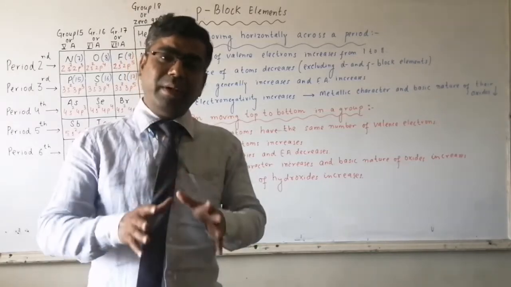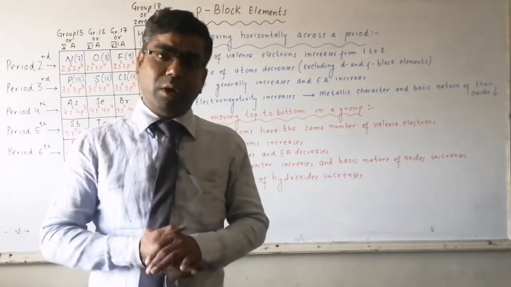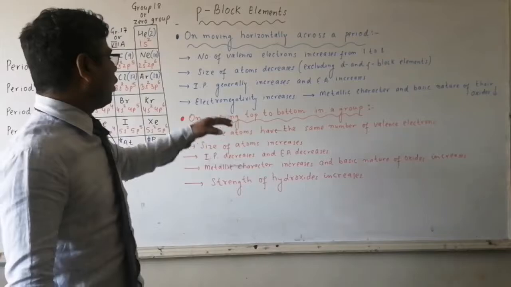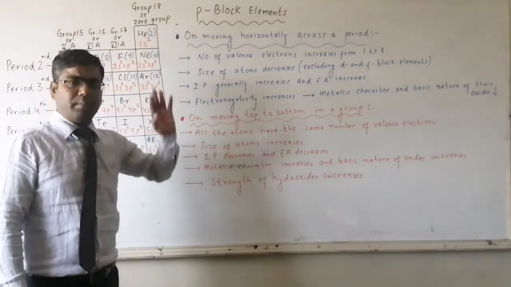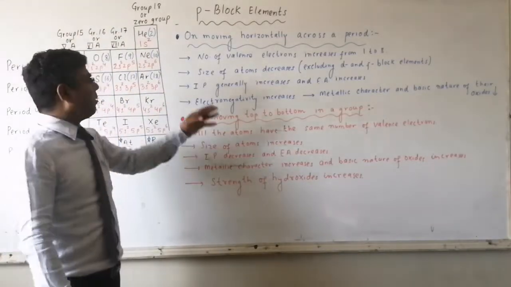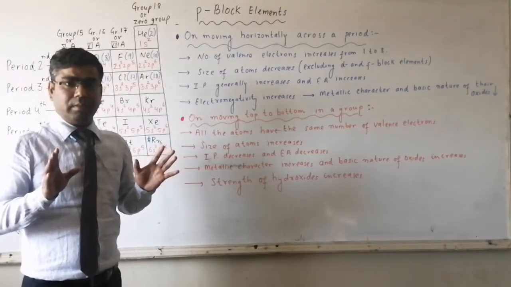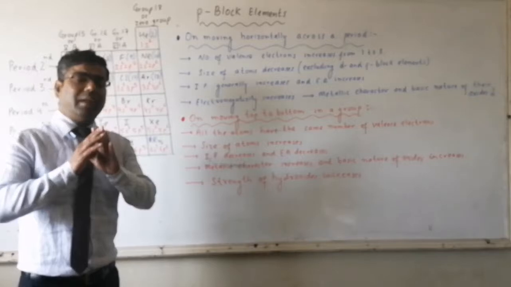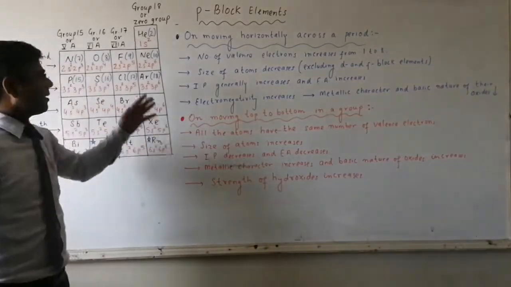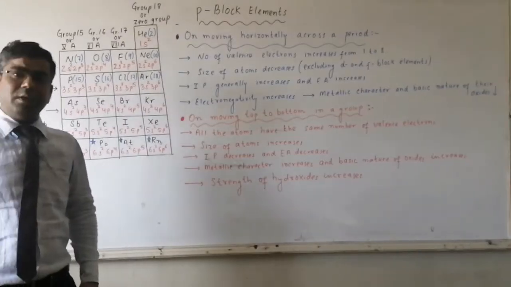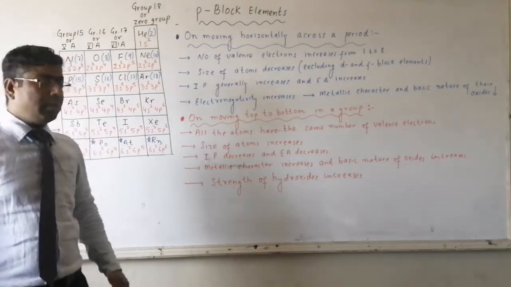Because first energy level can accommodate maximum of 2 electrons, so it is not following octet rule. Its duplet is complete. So it is having maximum electrons in first energy level. It is having fulfilled electronic configuration. That's why it is classified under group number 18 or noble gases.